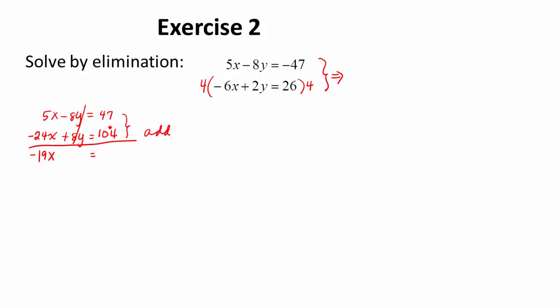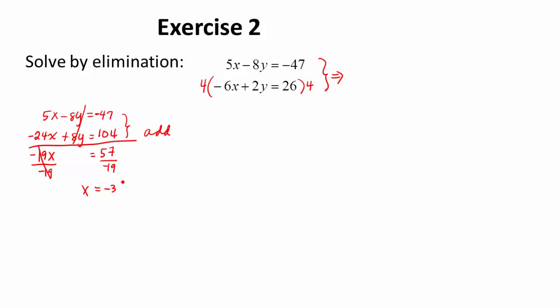And it's equal to, alright, what is 47? Oh, you have a minus right there. We forgot that. So what is negative 47 plus 104? That's equal to 57. And divide both sides by negative 19. So therefore x is equal to negative 3.